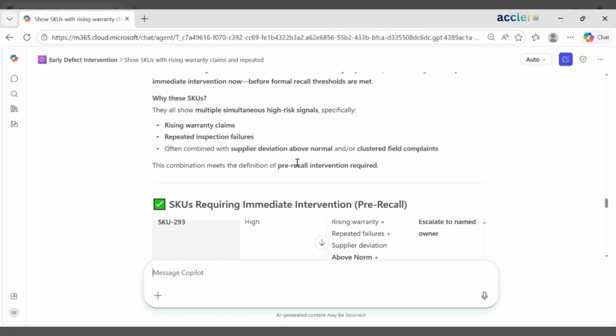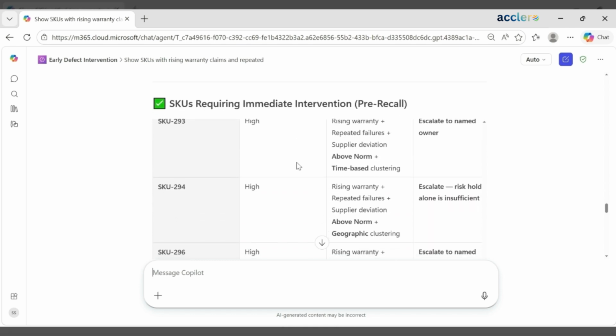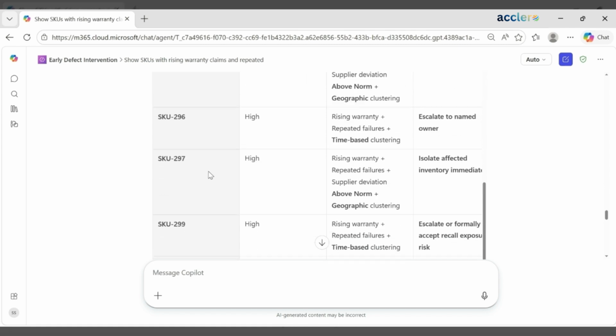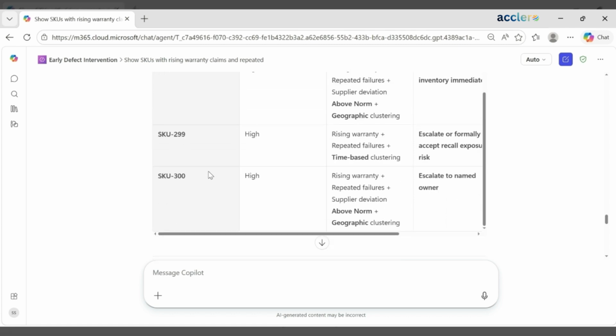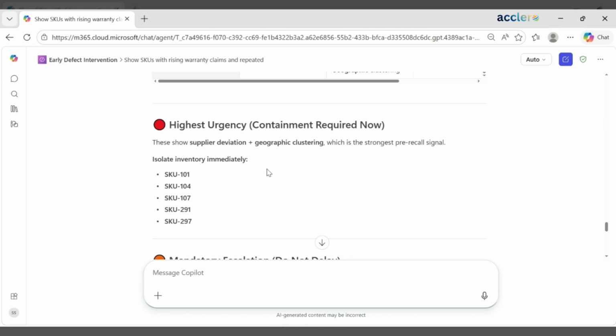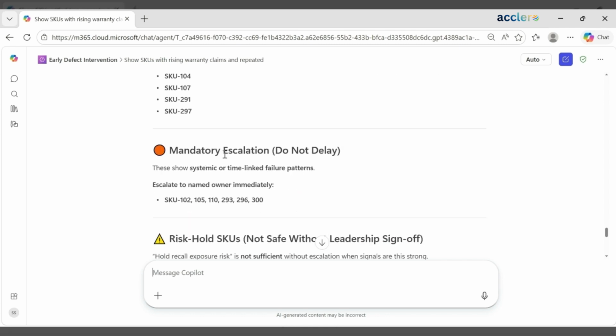So here are the SKUs which require immediate intervention. SKU 293, SKU 294, SKU 296, 297, 299 and 300. Then there are the other highest ones, that are 101, 104, 107, 291 and 297.